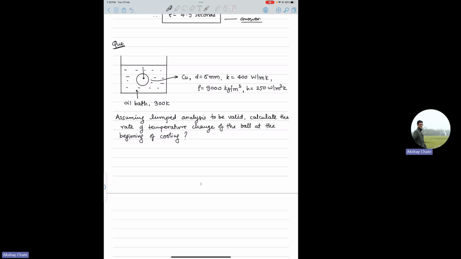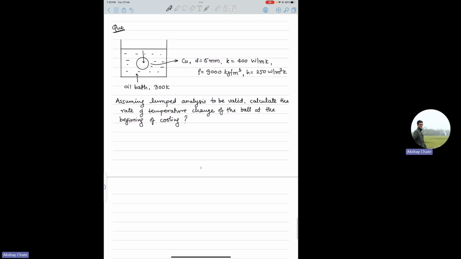So in this case now, since they are asking for the temperature gradient, you have to take dT by dt, which we did some time back. It will come out to be minus hA by rho V Cp times (T0 minus T infinity) times the exponential term, e to the power minus hAt by rho V Cp.